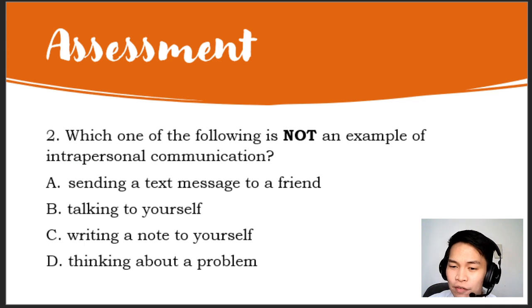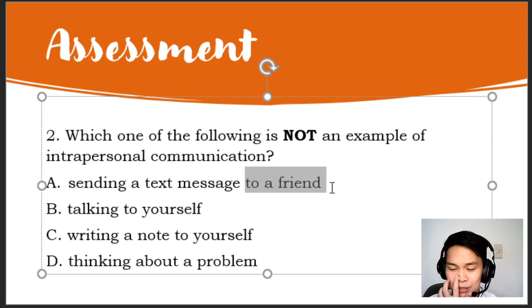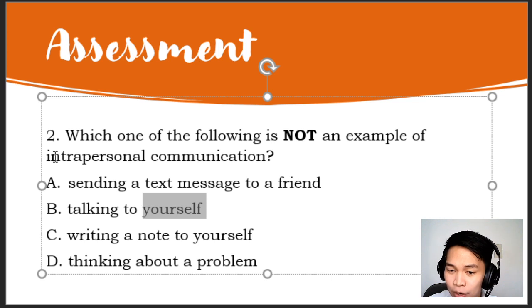Next, which one of the following is not an example of intrapersonal communication? Letter A, sending a text to a friend. We have there two characters, so not an example. Okay, we have two there. Talking to yourself. Oh, we're talking about intrapersonal, class. Talking to yourself, writing a note to yourself, thinking about a problem.